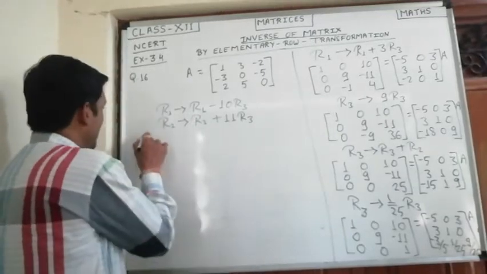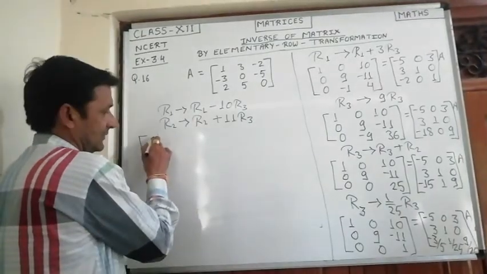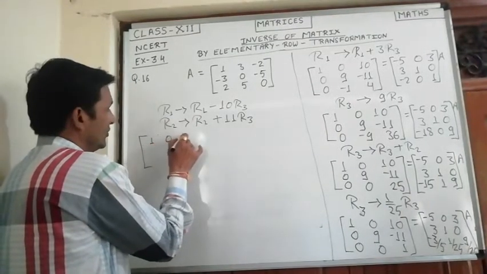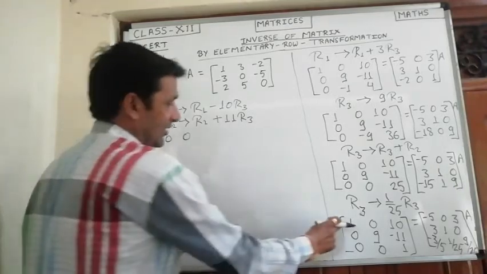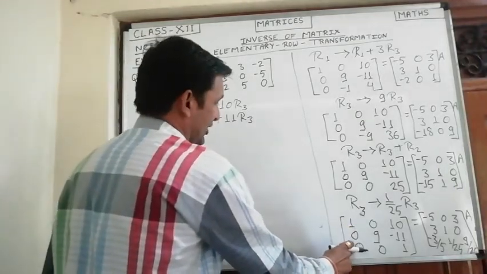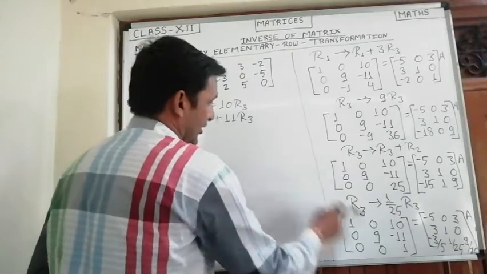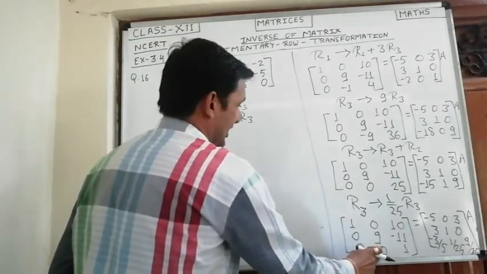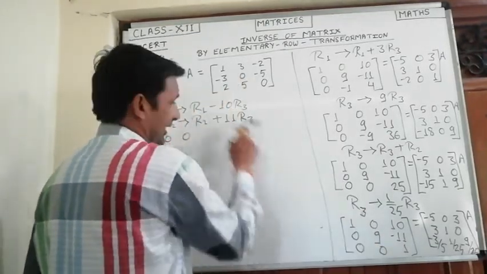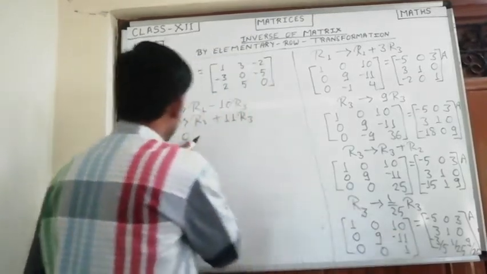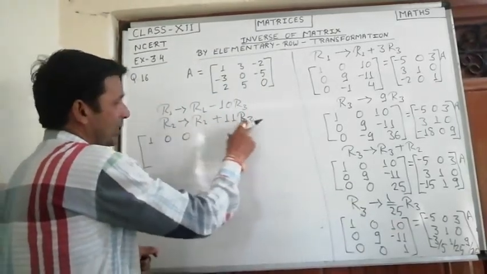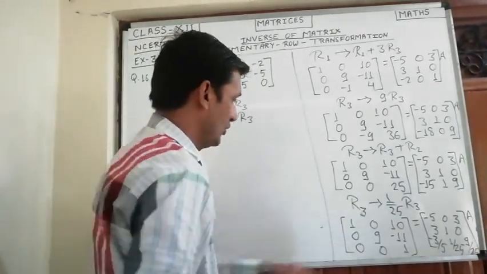So we may write here now 1, 0, 0, because 1 minus 10 into 0, that is 1 only. Now 0 minus 10 into 0 means 0 only. And here 10 minus 10 will be 0. Now in R2 plus 11 R3 means 0.